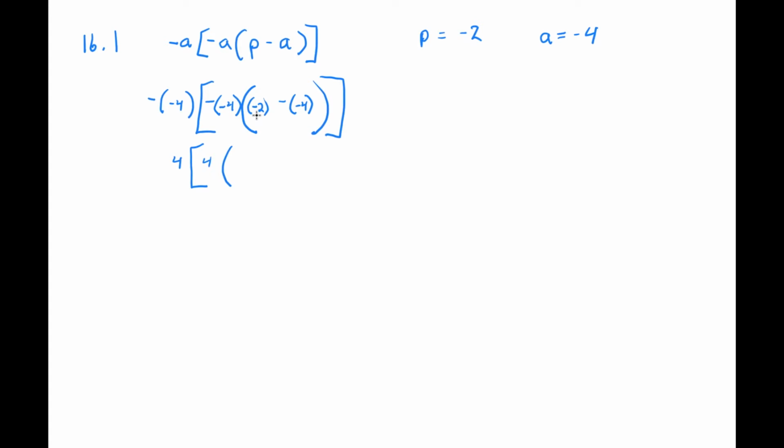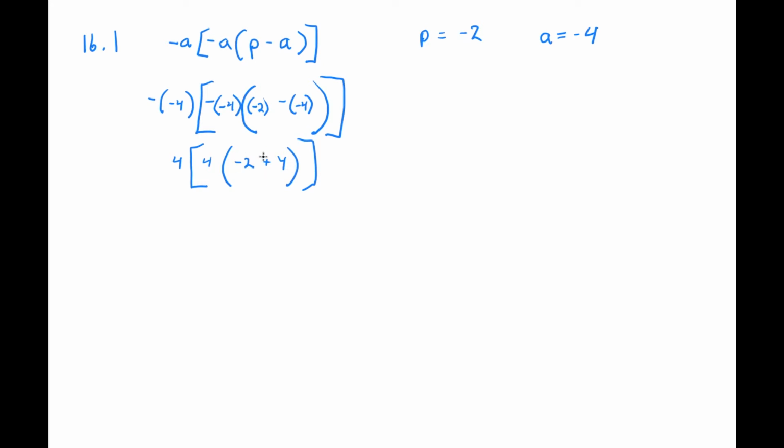We have -2. There's nothing changing that, so it stays a -2. And then we have the opposite of a -4. Well, we've done that one already. It's a +4. And we put our parenthesis and our bracket back in place. Now, that is our simplified substitution form.